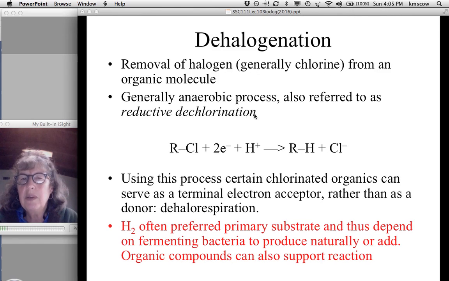It's under anaerobic conditions, obviously, because it's used as an electron acceptor, and with oxygen around, it won't happen. And so this process is called reductive dechlorination. So here's an example showing you an organic molecule with its chlorine sticking off on it.